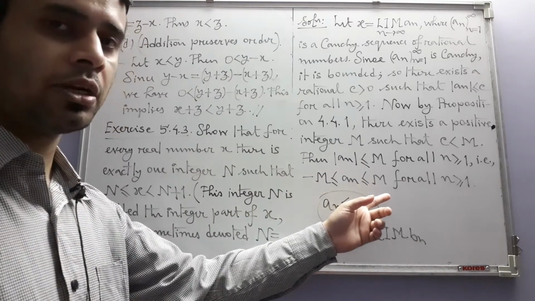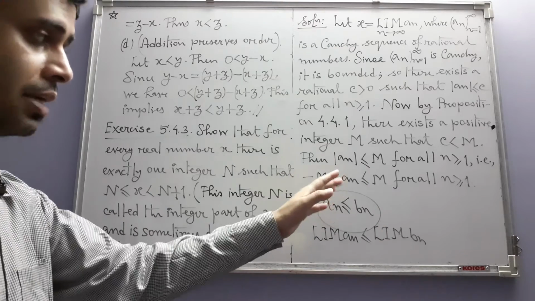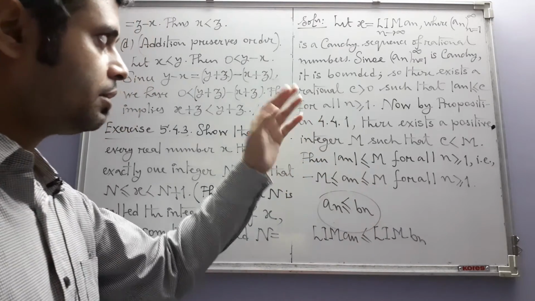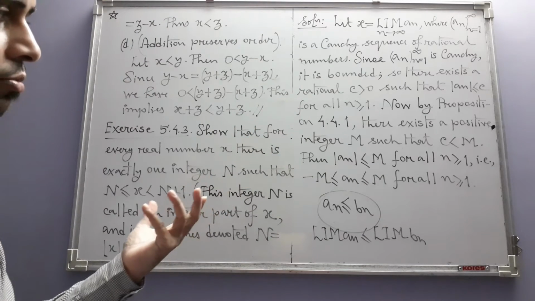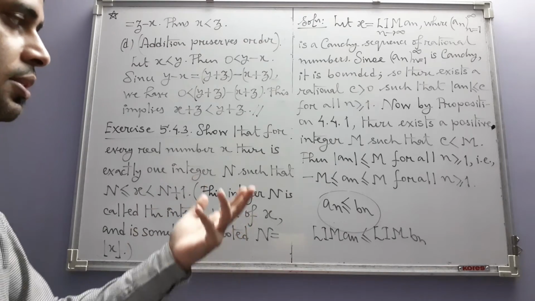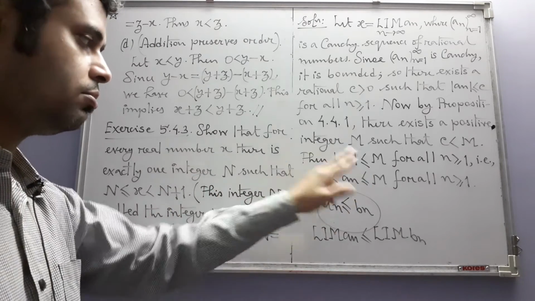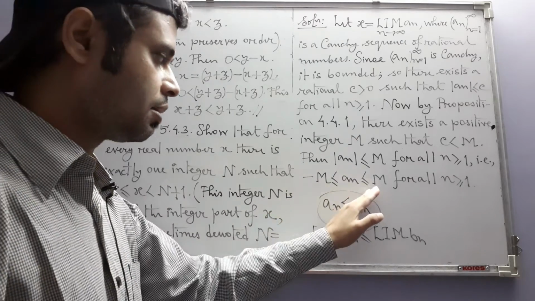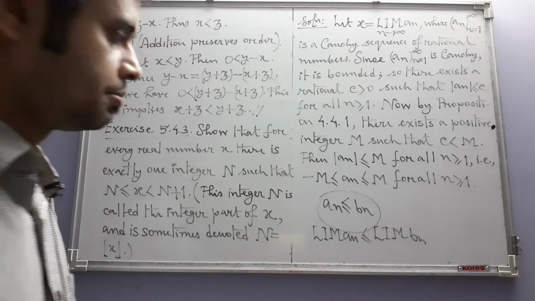Here also the formal limit will be plus m. In the middle the formal limit will be x. So that's how we will get an inequality which bounds x using an upper bound and a lower bound, where the bounds are integers.